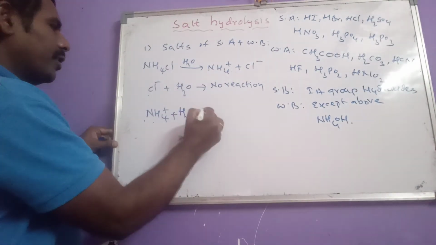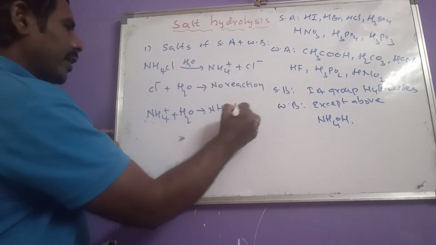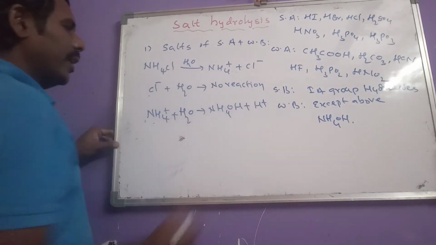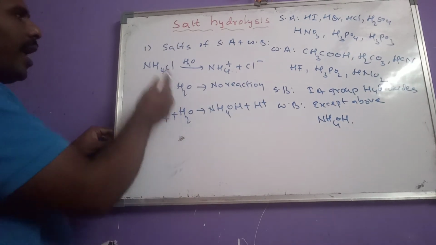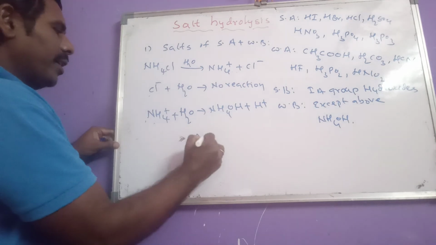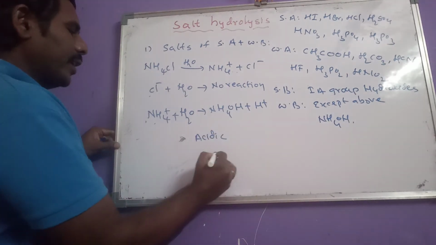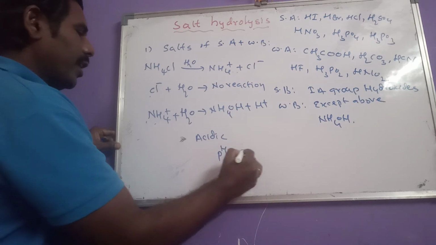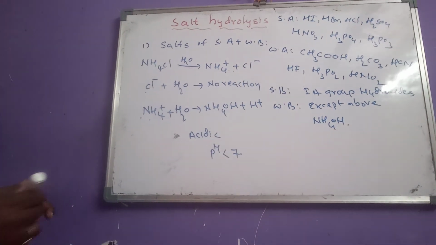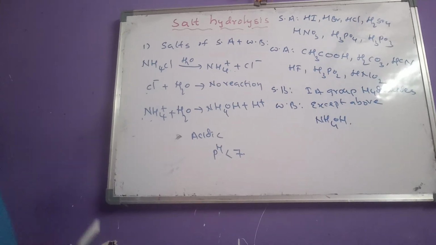So it reacts with water and produces NH4OH and H+ ions. As this aqueous solution has H+ ions, this solution is having acidic nature and pH value less than 7, it changes blue litmus to red litmus.